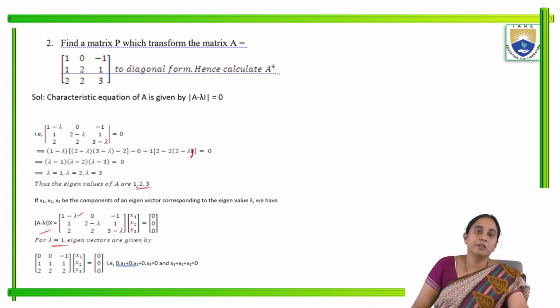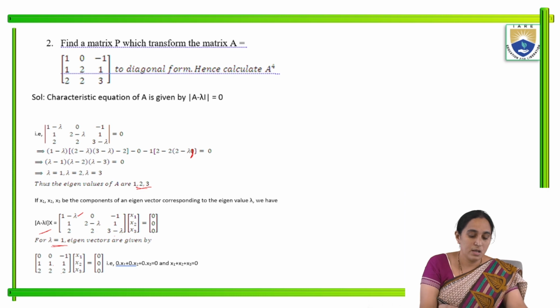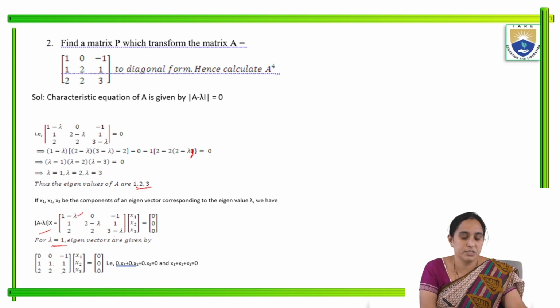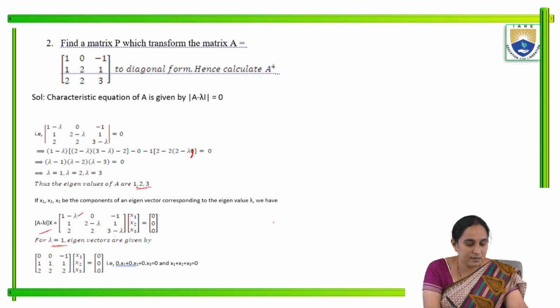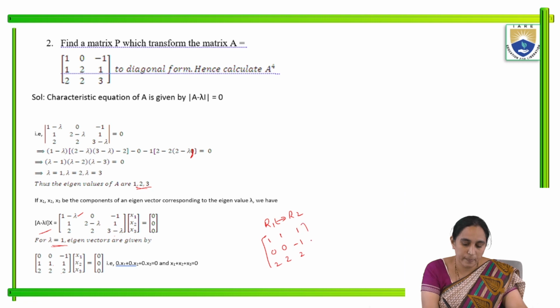For that we have to reduce the matrix to echelon form with row operations. I'll interchange R1 and R2. Then we get the matrix with rows (1, 1, 1), (0, 0, minus 1), (2, 2, 2) times x1, x2, x3 equal to 0, 0, 0.